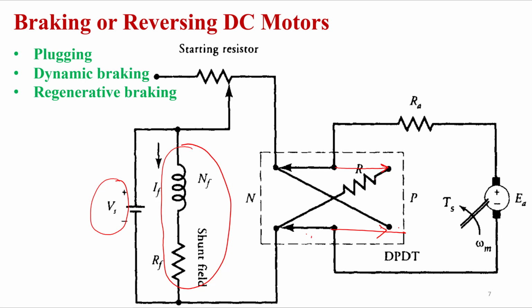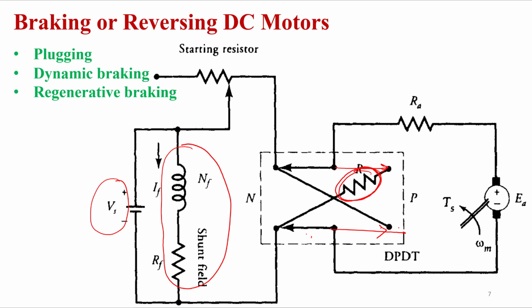But we need a resistor. Why do we need a resistor? Because as soon as it breaks the circuit from its normal operation, it connects in the reverse way. At that time also we need to control the current to the armature, because as soon as the supply voltage is connected to the armature, there will be high current. So this resistor will act as a starting resistor for the armature circuit and limit the current to a particular value.